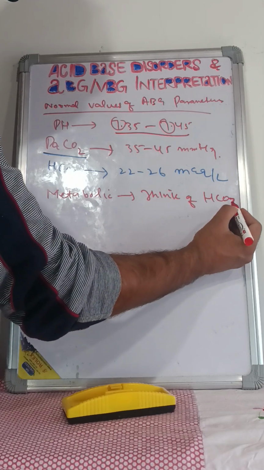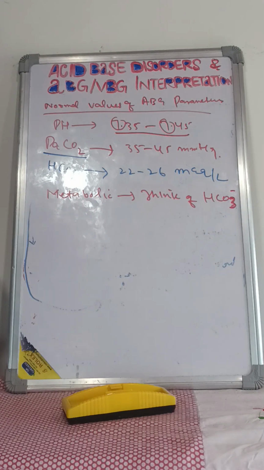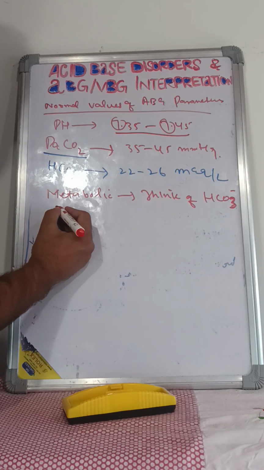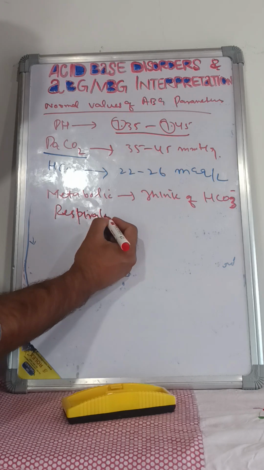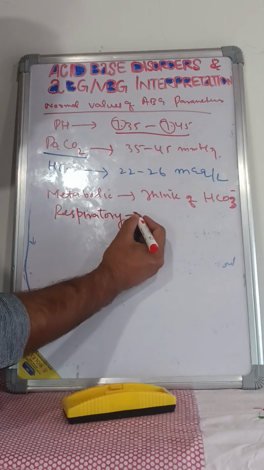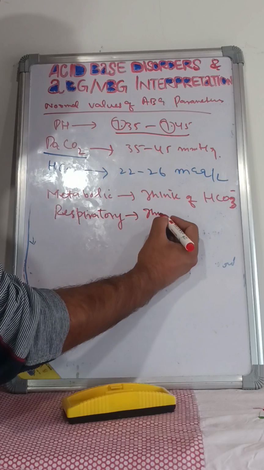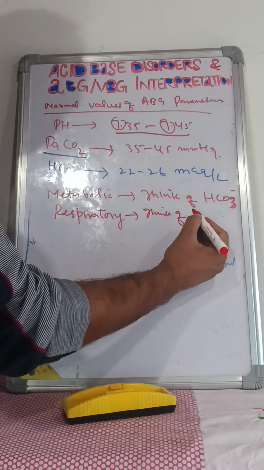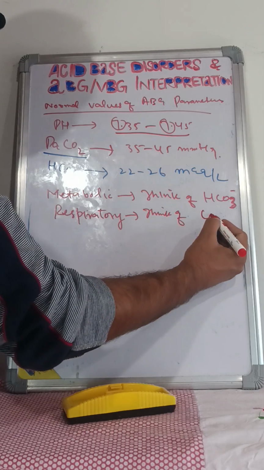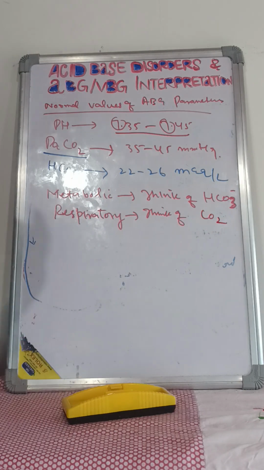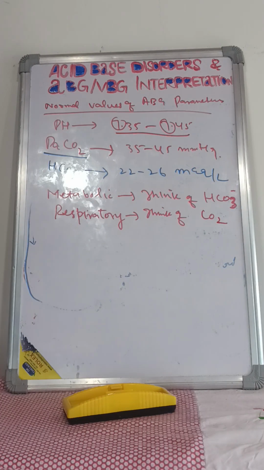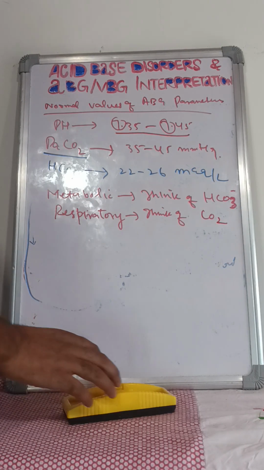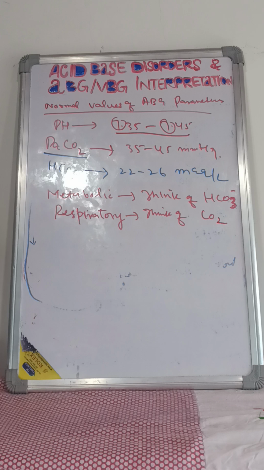Whenever you see respiratory, always think of CO2, carbon dioxide. So these are the normal values of parameters in ABG.